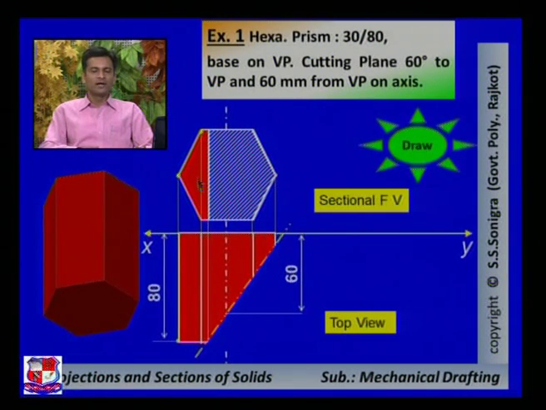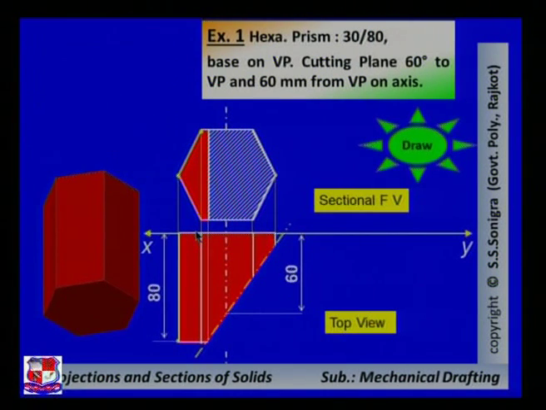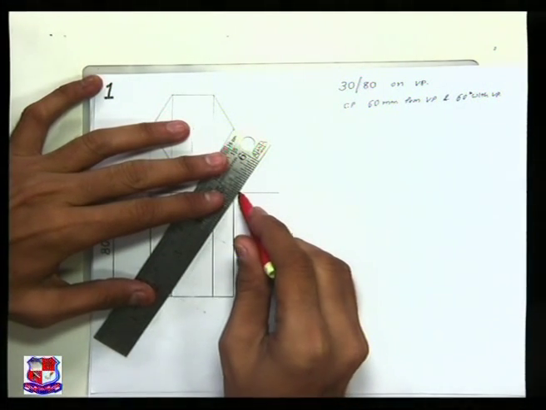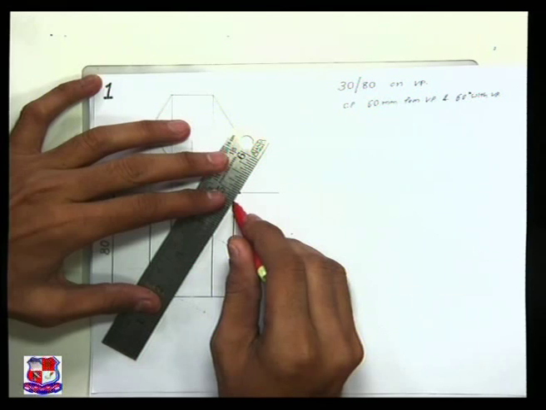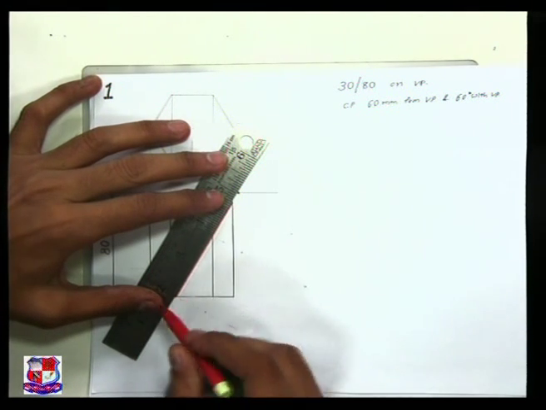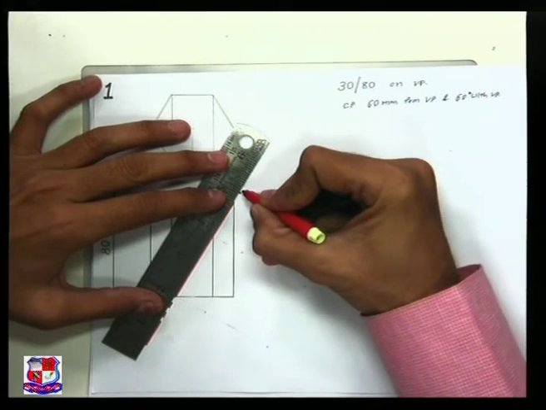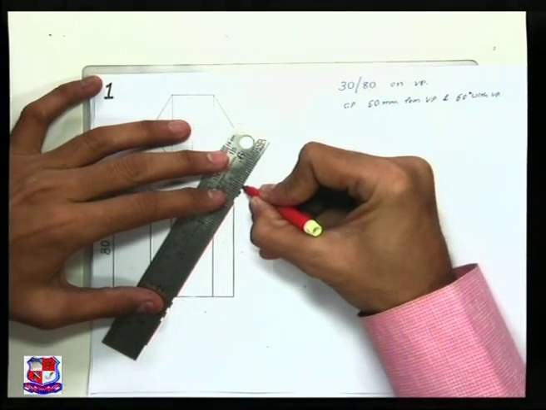Let me draw its true shape and other views. Up to this step we have drawn a hexagon above the XY line, and this is the cutting plane. So let me draw this cutting plane like this, two small dashes, one long dash like this.